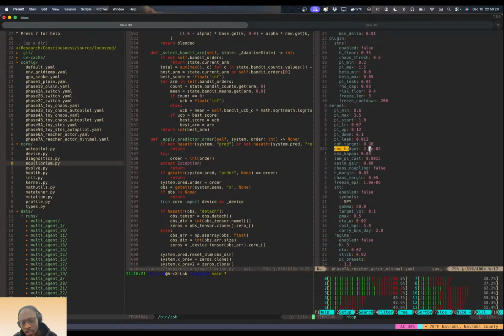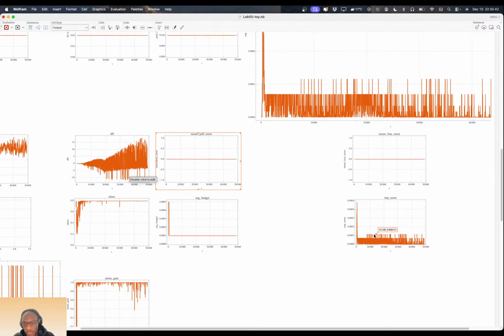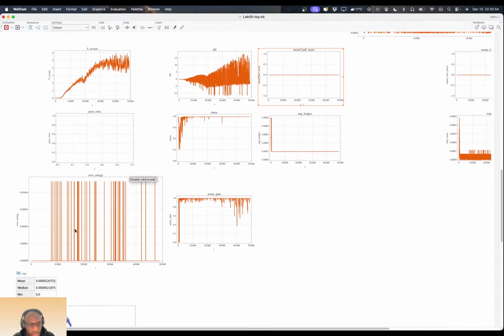This is 0.000 something. 0.0001 or 2. Okay, it's below budget, so it only goes above budget a few steps, a few areas, and you can see that from this overshoot.